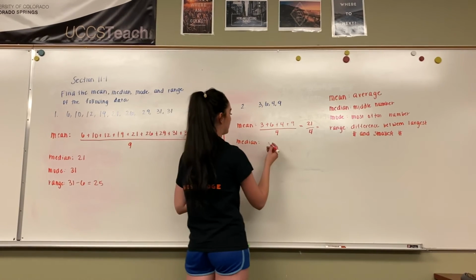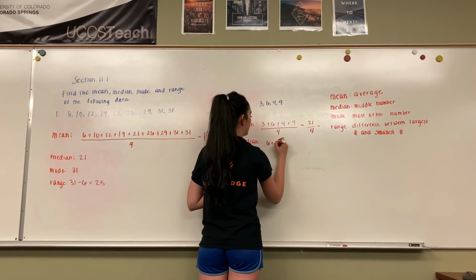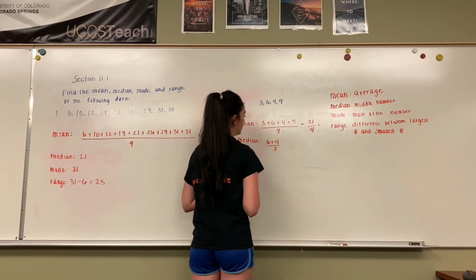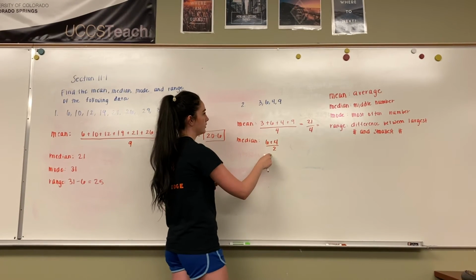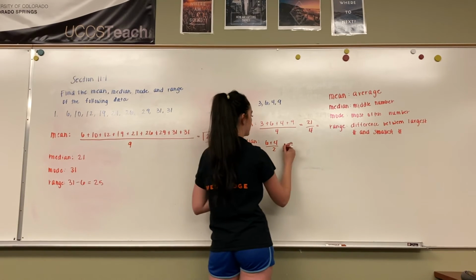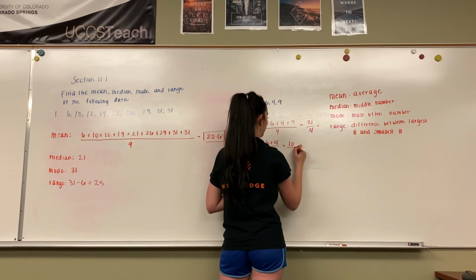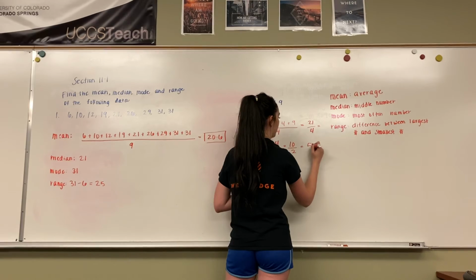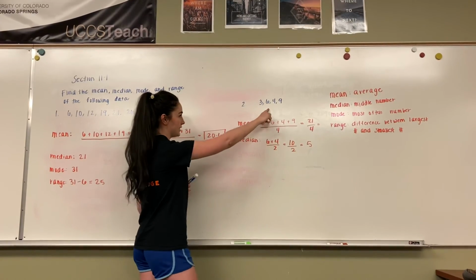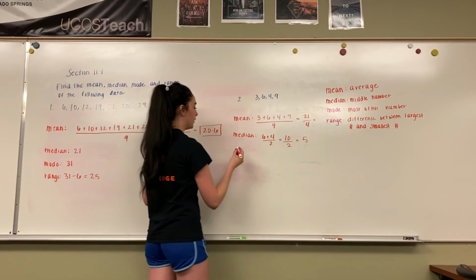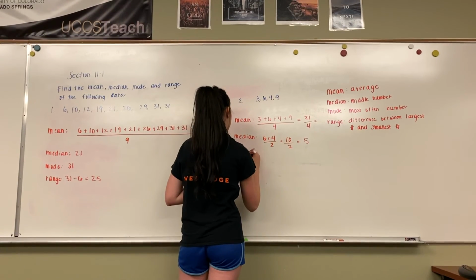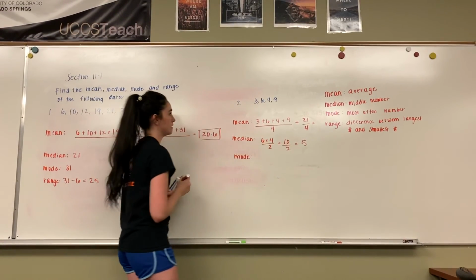So it would be 6 plus 4 divided by 2, right? Because we're adding them and dividing by how many numbers there are. So there's 2 numbers. So that's 10 divided by 2 is 5. So our median for this set of data is 5. That's the middle number.